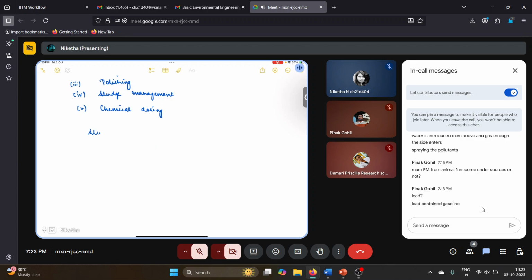So during sludge management, the sludge is usually thickened and centrifuged, like what we saw in the previous live class.